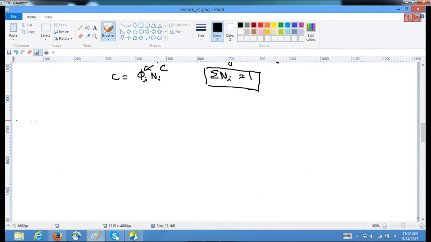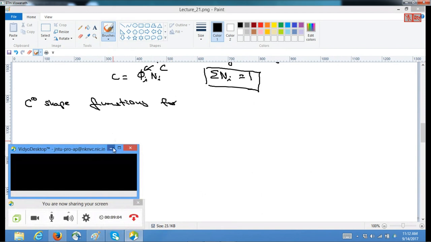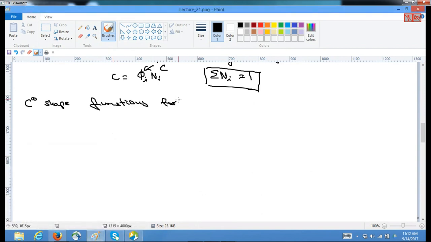So when we come to the two-dimensional shape functions, let us take a simple element in which two sides are parallel to x and two are parallel to y for simplicity.